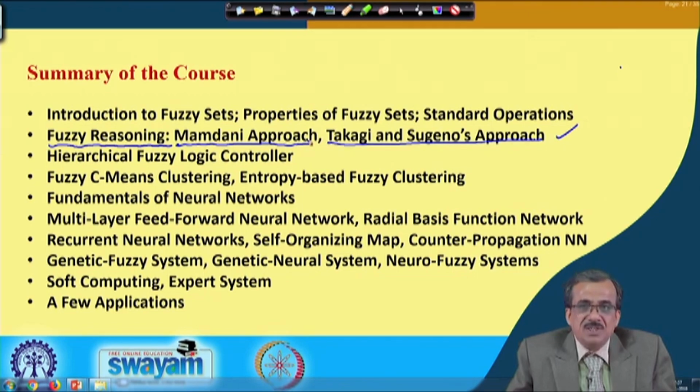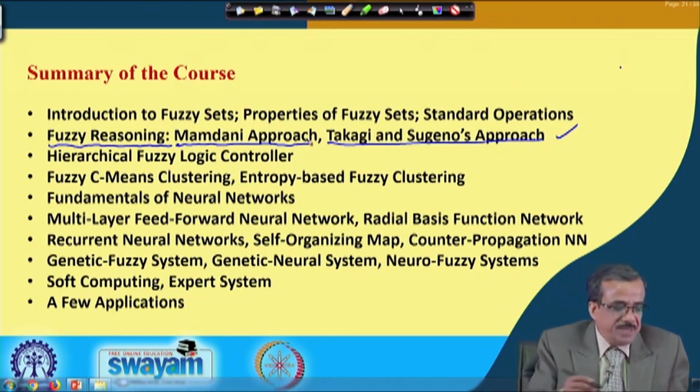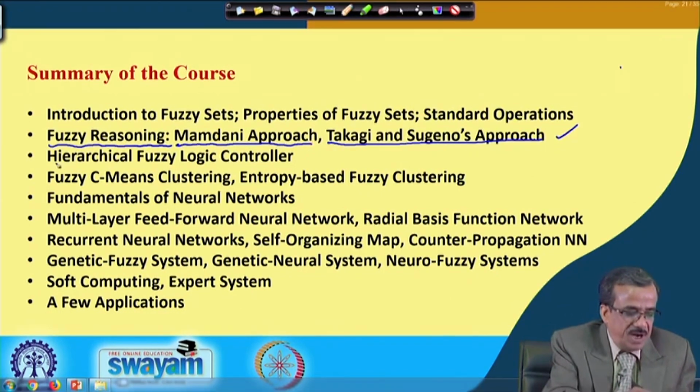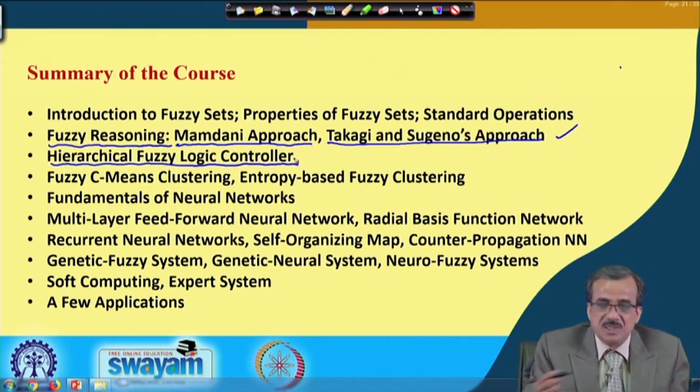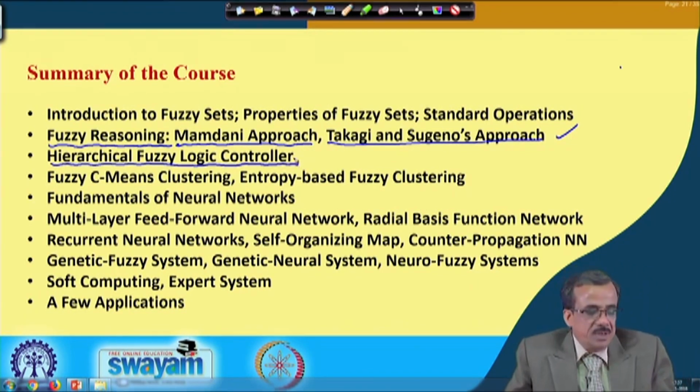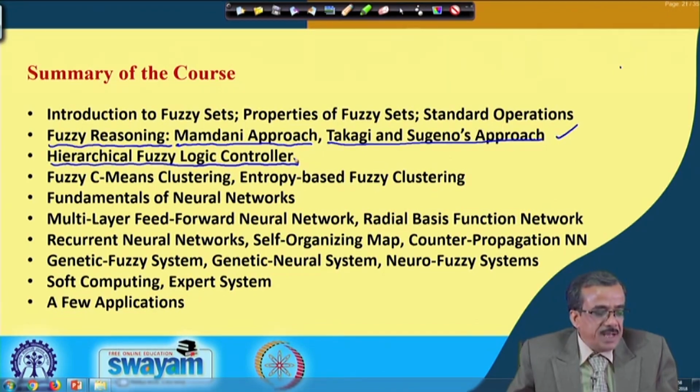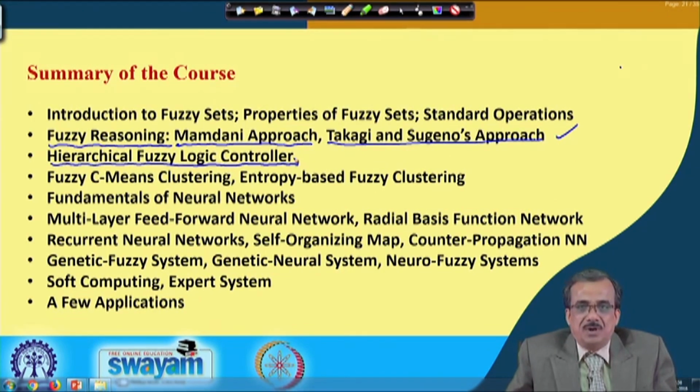So, for a large number of variables, and if I use more number of linguistic terms, the complexity of the fuzzy reasoning tool is going to increase, and to overcome that, the concept of hierarchical fuzzy logic controller has come, and we discuss its principle. By using the hierarchical fuzzy logic controller, we can reduce the number of rules.